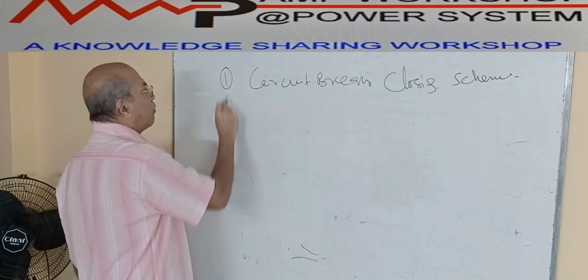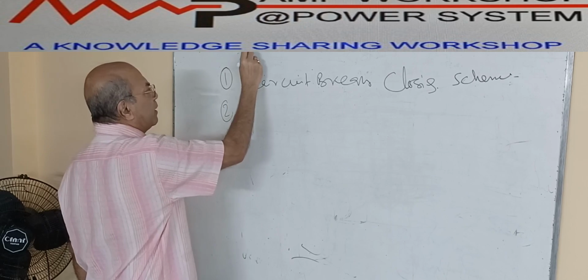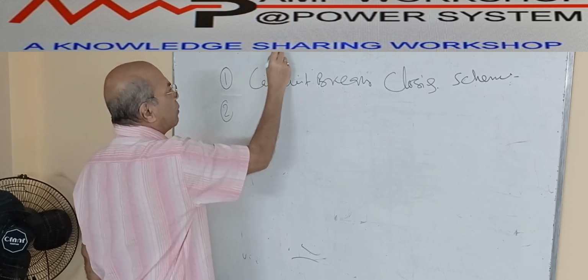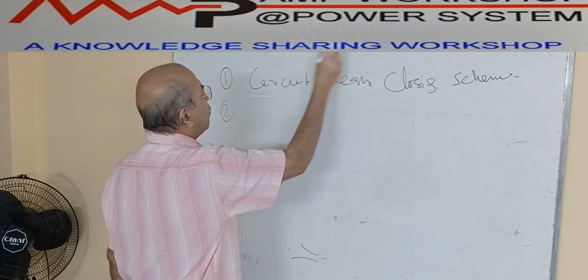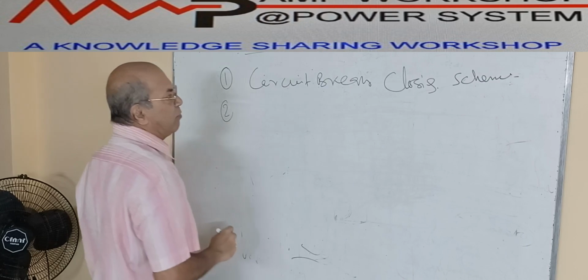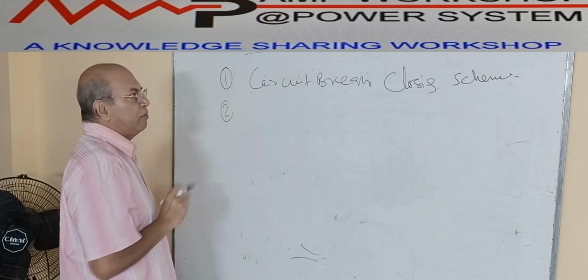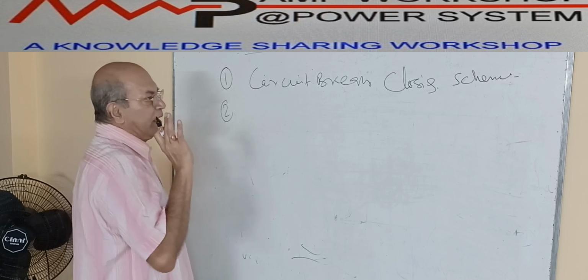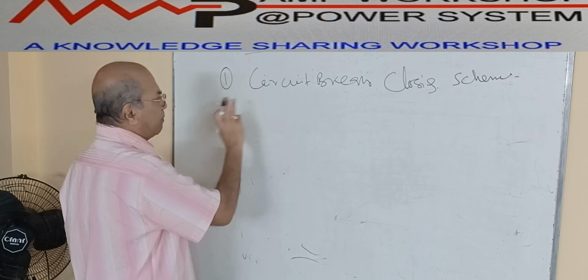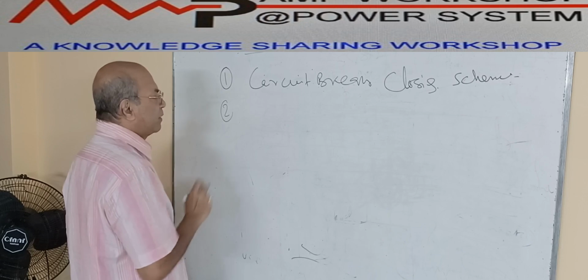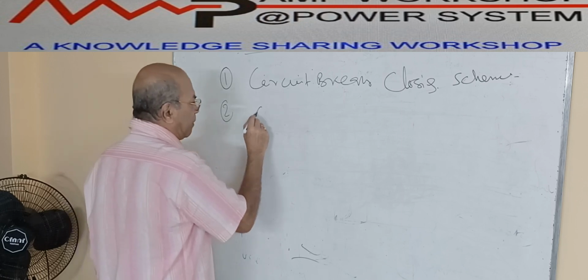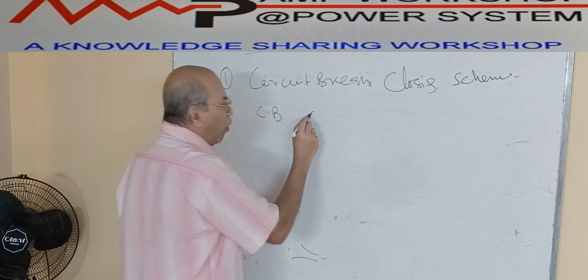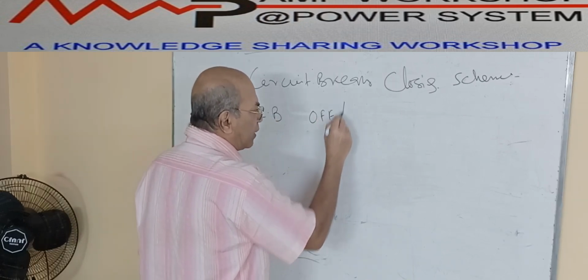When we want to discuss the control schematics of any switchgear, if we look minutely, we can see the control schematics has 8 different parts. The first part is the circuit breaker closing control schematics. The second part is the circuit breaker off or tripping scheme.